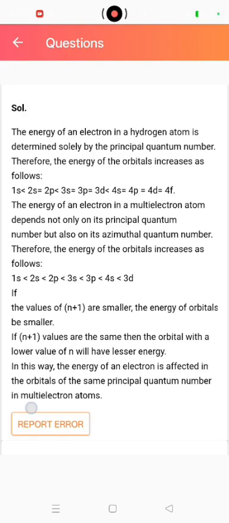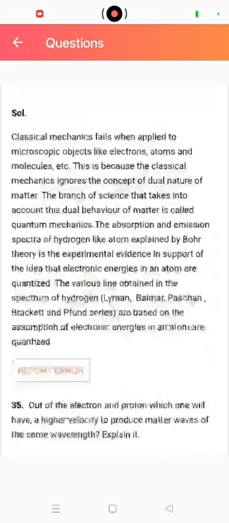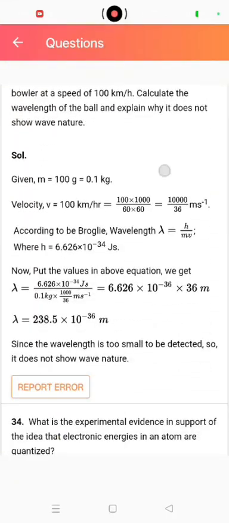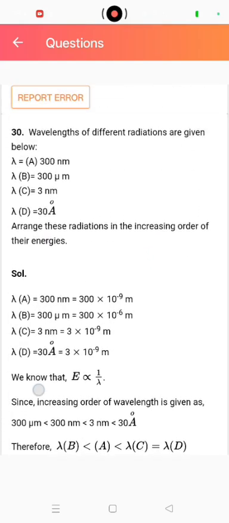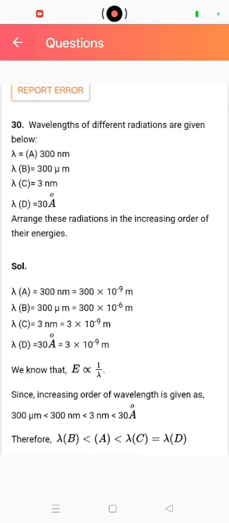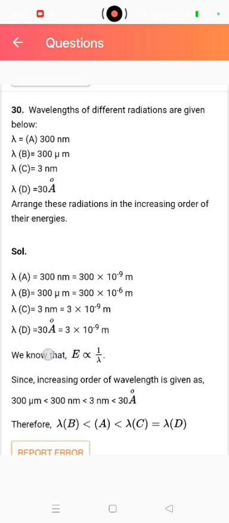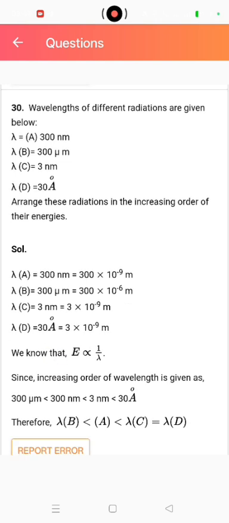Next. Wavelengths of some radiations are given. We have to arrange them in increasing order. This tests whether you know the conversions. Nanometer means 10 raised to minus 9 meter. Micrometer is 10 raised to minus 6 meter. Again, 3 nanometer is given, 30 angstrom.